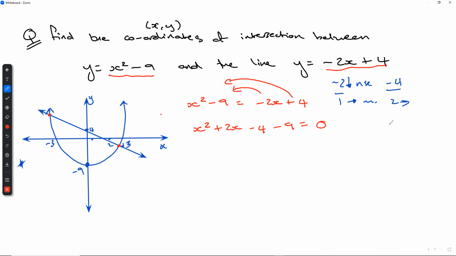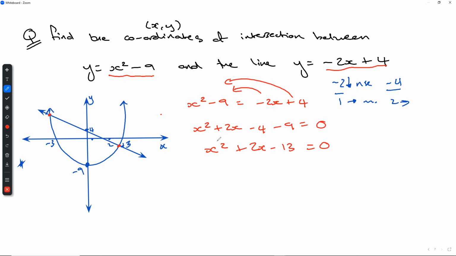So now what we have to do is factorize. But first, -4 minus 9 is -13, so x squared plus 2x minus 13 equals 0.